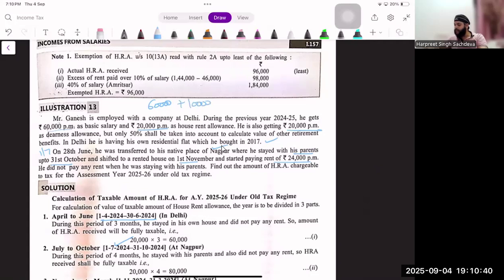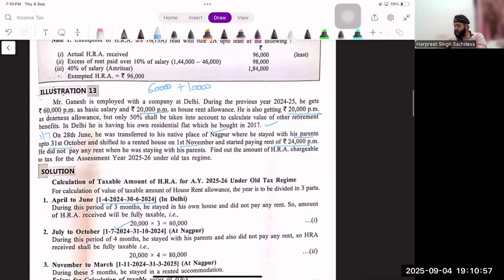Everyone, yes or no? DA in terms is 10,000 per month. Then is there any commission on turnover?